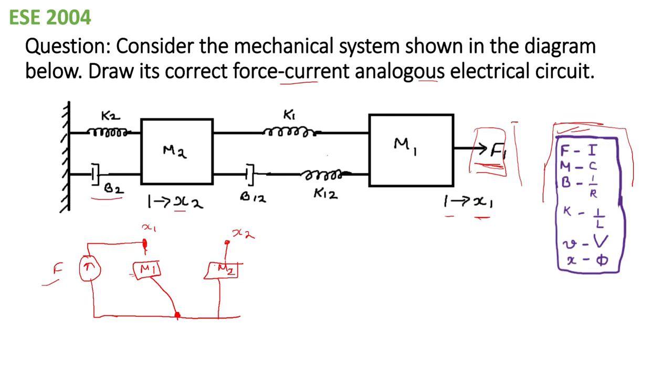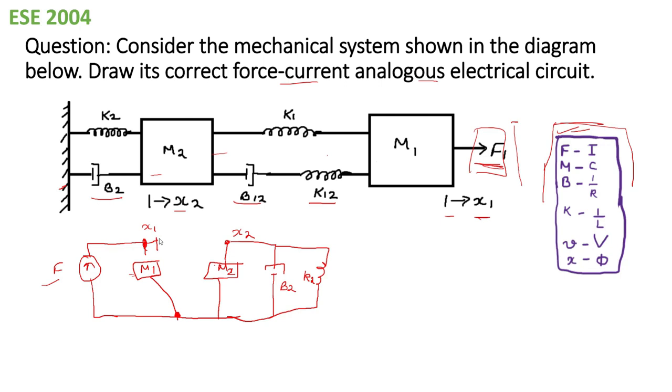And then this B2 is attached to M2 and this wall. Therefore we will add here B2, and similarly you will add K2 here, and then this B12 and K12 are attached between M2 and M1.